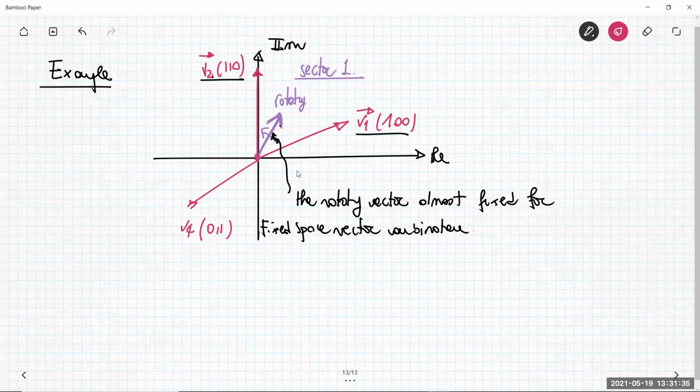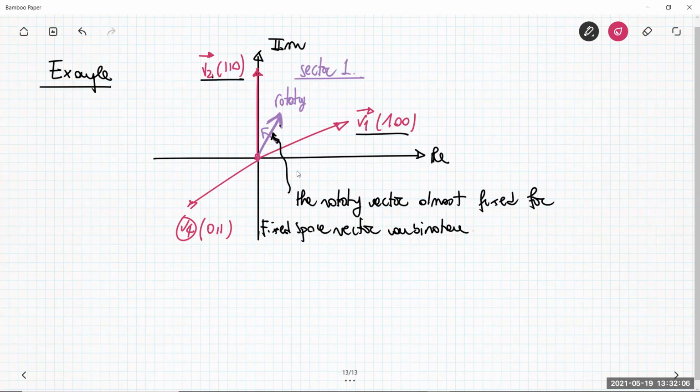It means that I'm just switching the leg B. And this operation minimizes the dynamic power dissipated by the switching action of transistors. Theoretically, I can use V1 and V4 to synthesize the purple rotating vector, but this involves the switching of three legs, and this increases too much the power dissipation.